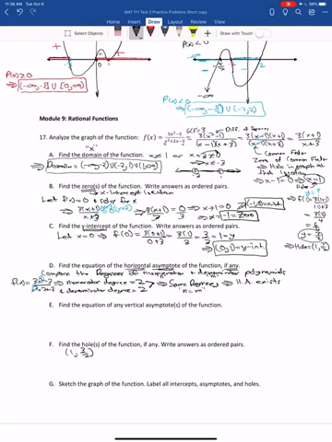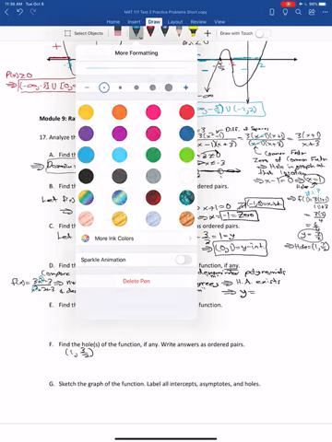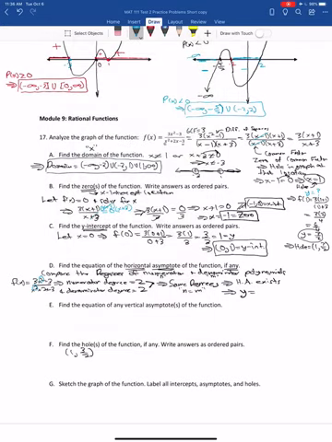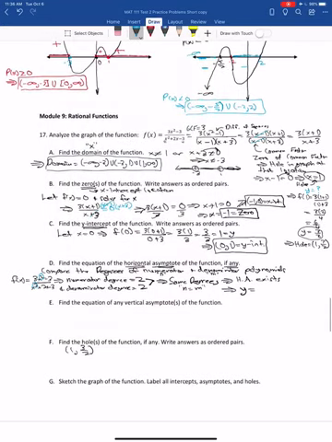So let's go ahead and talk about what that horizontal asymptote would be. Again, it's the equation of a horizontal line. With the degrees being the same, it's always equal to the ratio of the leading coefficients. Our leading coefficients in this problem, we had a 3x squared as the leading term and a 1x squared in the denominator.